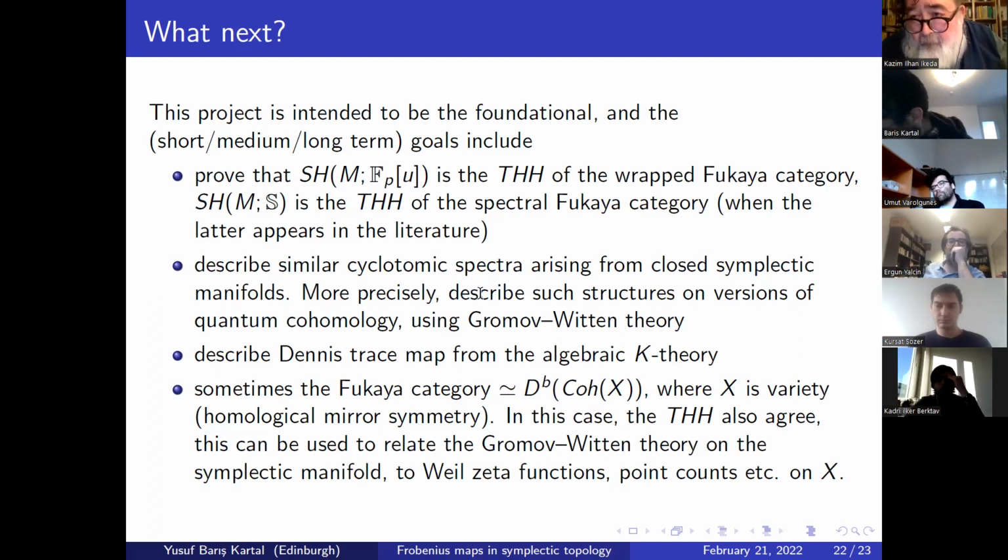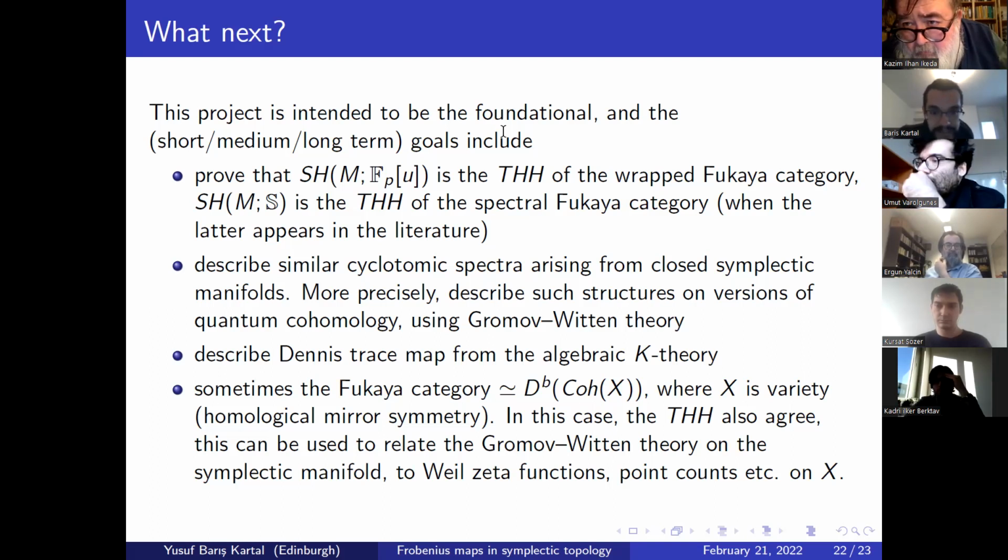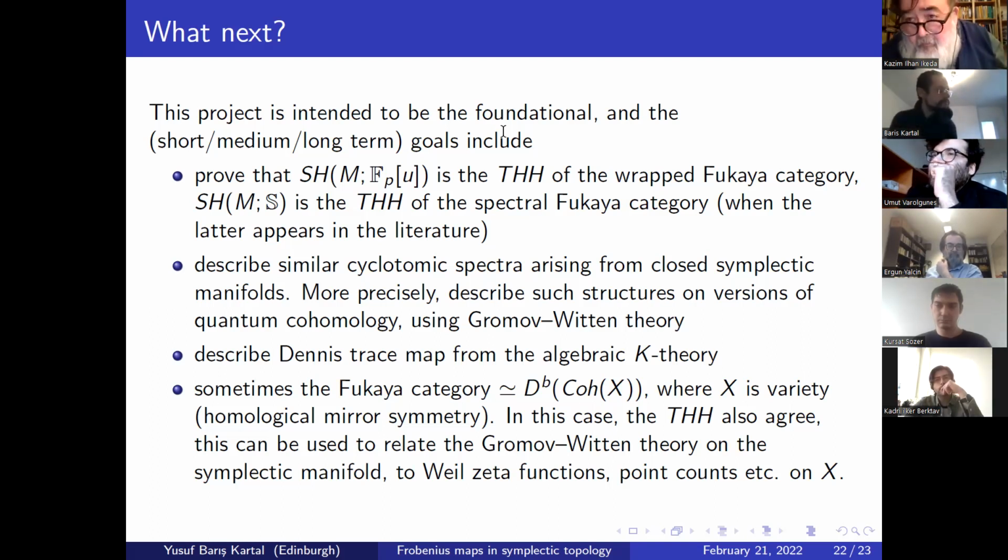So if one considers derived algebraic geometry and so on, do you think we would have such an equivalence? Derived algebraic geometry means derived varieties, DG categories, for example.